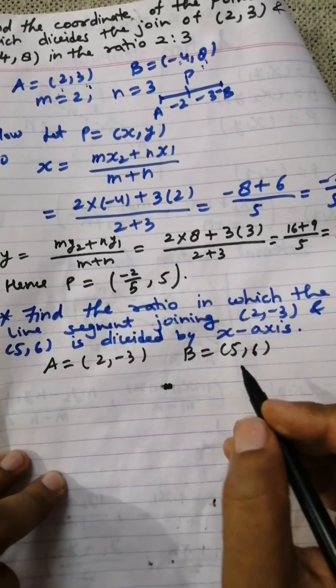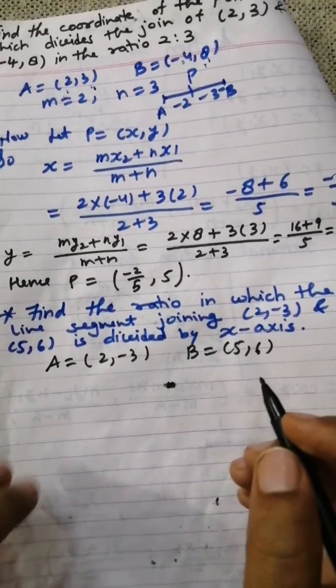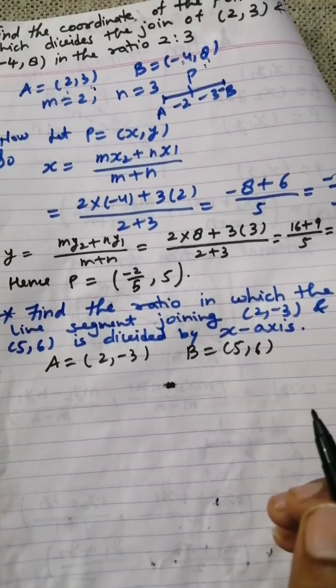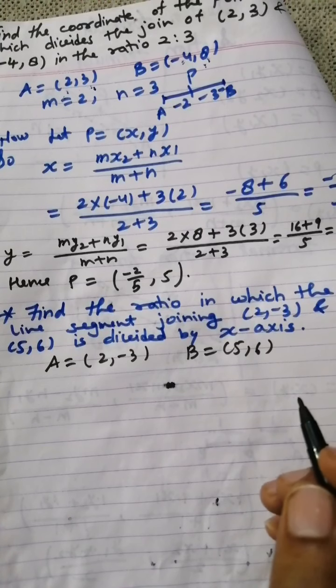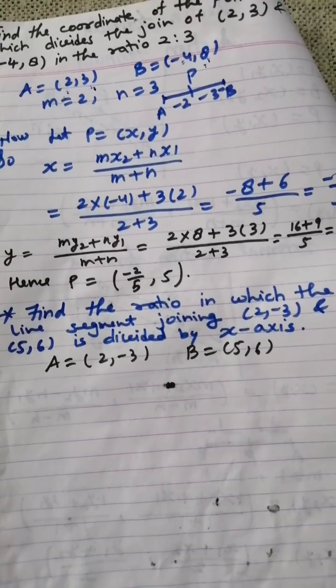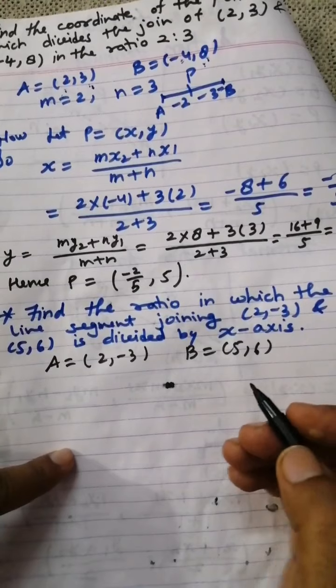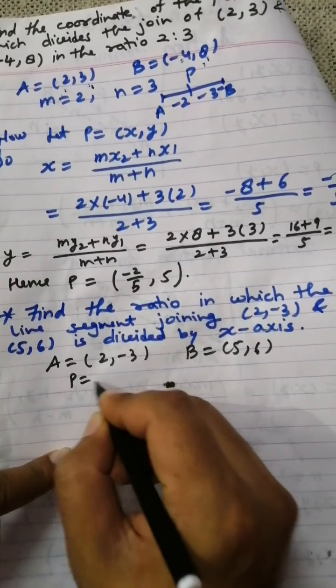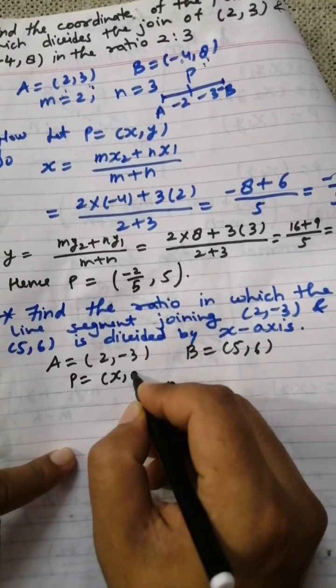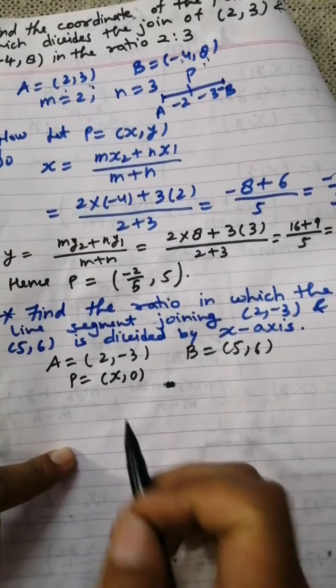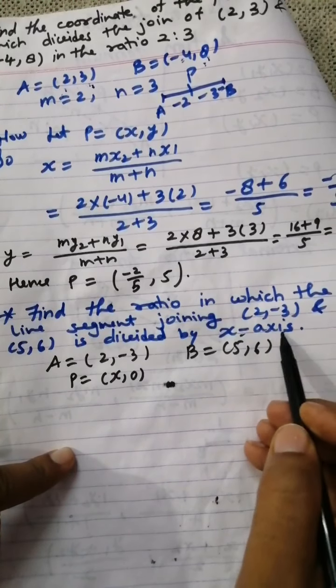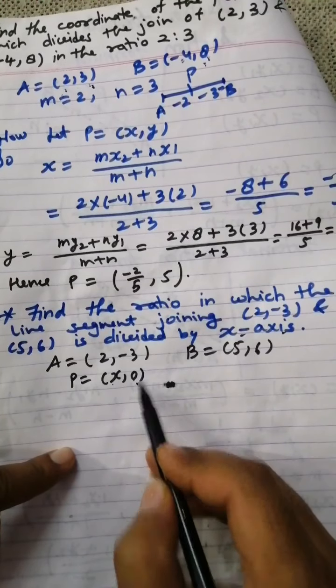So dear students, in last classes we already studied that if any point is on the x-axis, it means the y coordinate should be 0. So here the point P equals x comma 0. On the x-axis y should be 0, so x comma 0.